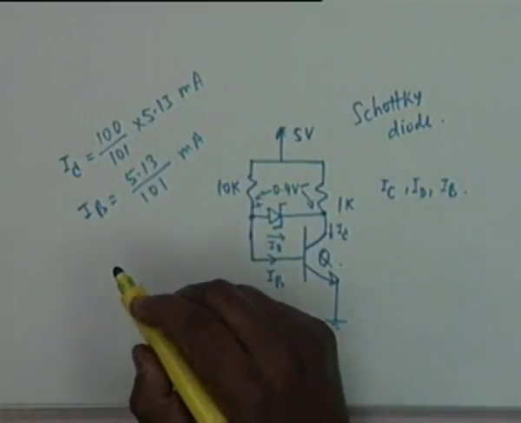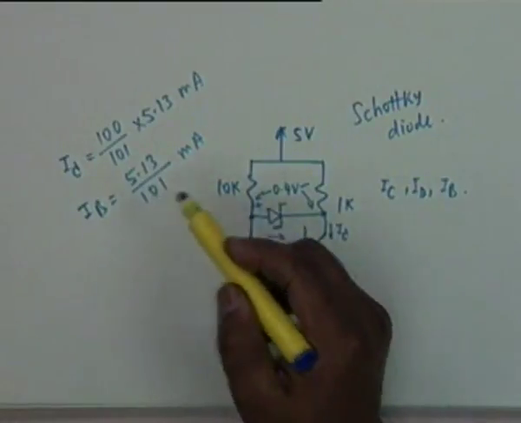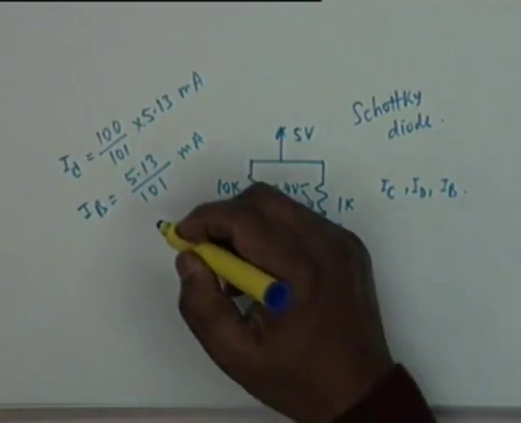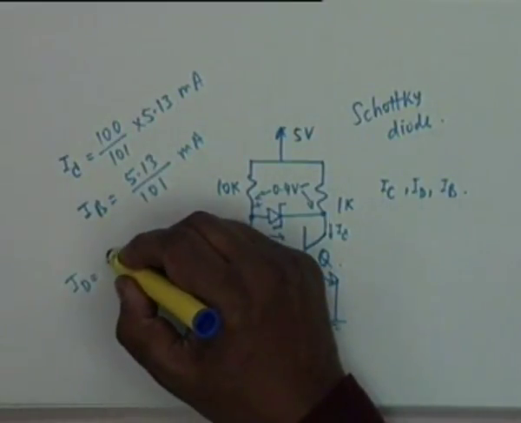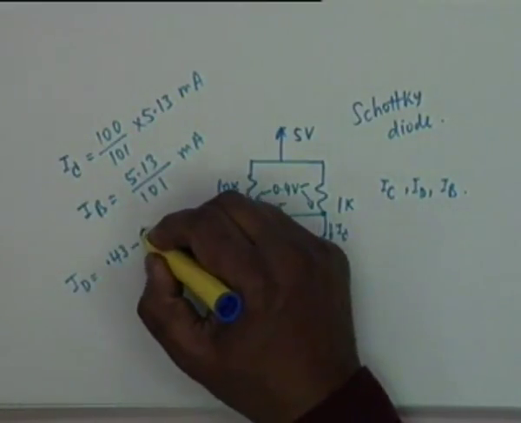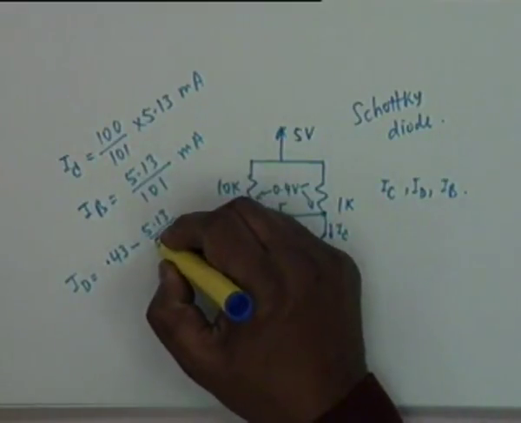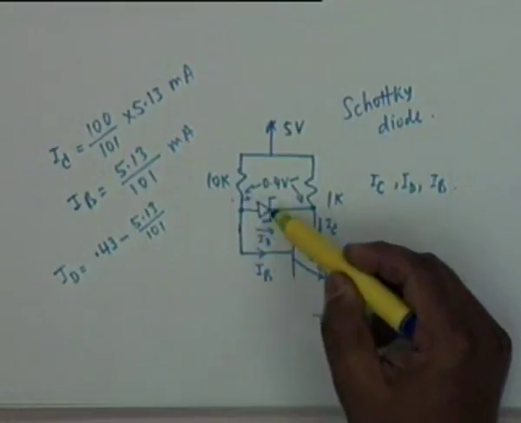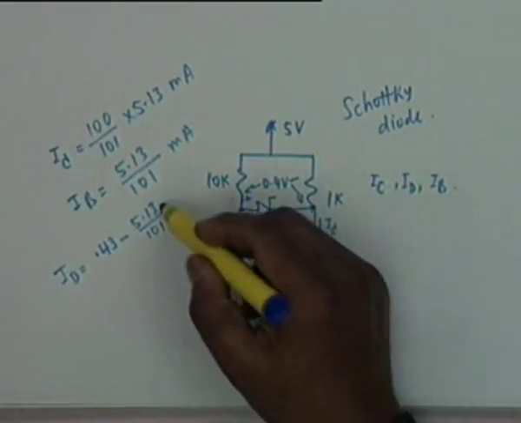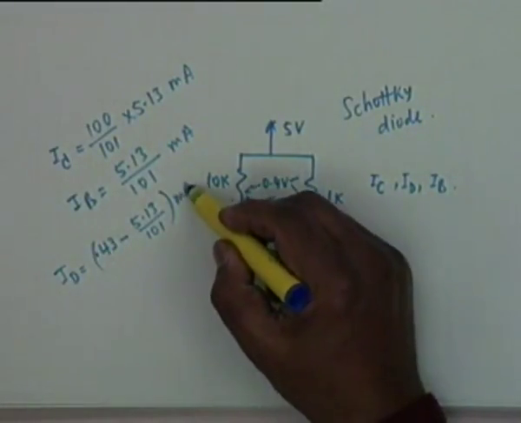I assumed it to be active, so it has to be this. And I sub D is equal to 0.43 minus 5.13 divided by 101. That is, I calculated the current through this and subtracted IB. So many milliamps. These are the solutions.